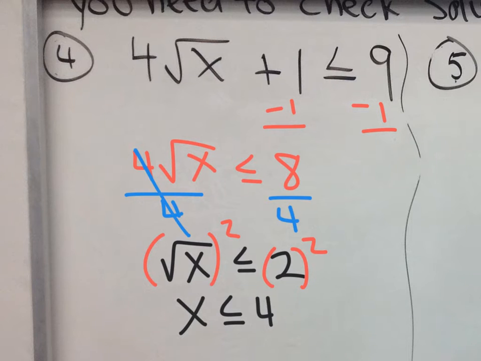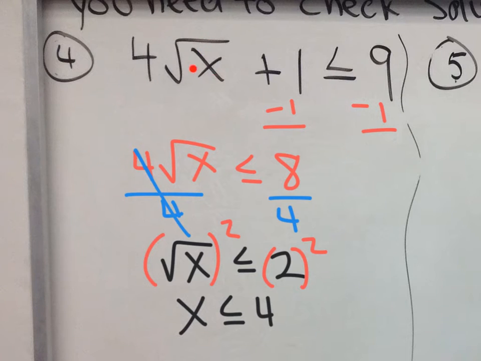Everybody happy? Cool. But there's more. If you think about that answer, it's not saying that x equals 4. It's saying that x is any number that's less than or equal to 4. So it could be a 4 in here, and that'll make it a true statement. It could be a 1 right here, that'll make it a true statement.